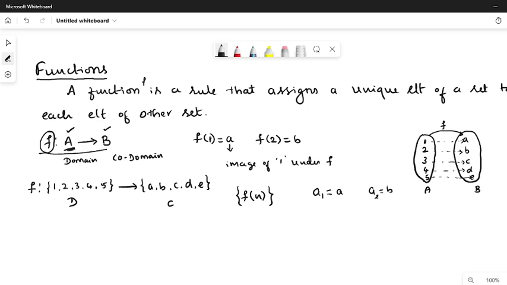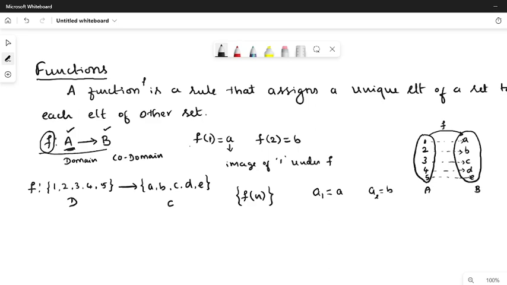And I am assuming that 1 is mapped to a, 2 is mapped to b, 3 is mapped to c, and similarly 4 and 5. So f is a mapping or function that carries 1, 2, 3, 4, 5 to a, b, c, d, e respectively.